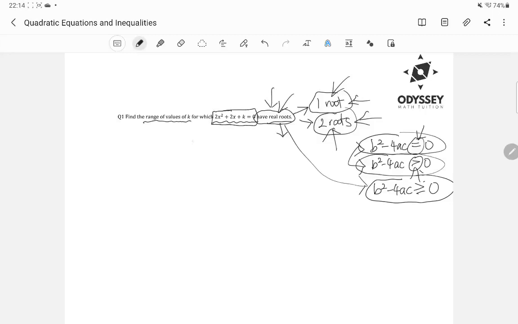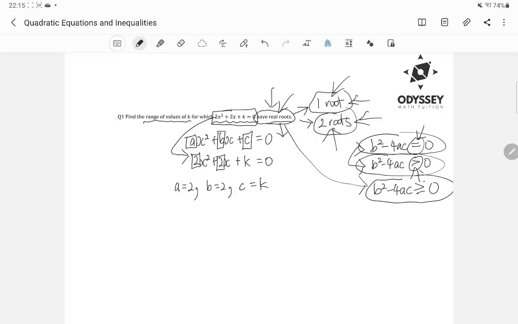Let me write down in general what the quadratic equation looks like: ax squared plus bx plus c equals 0. Looking at the quadratic equation given in this question, 2x squared plus 2x plus k equals 0, we can see that a equals 2, b equals 2, and finally c equals k.